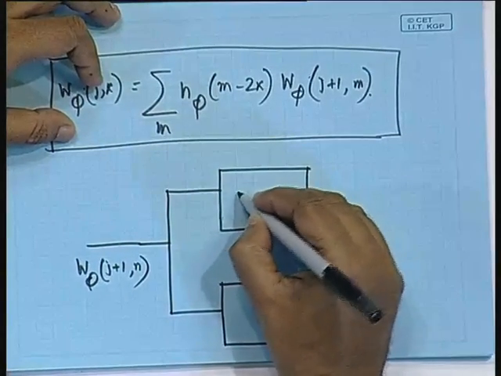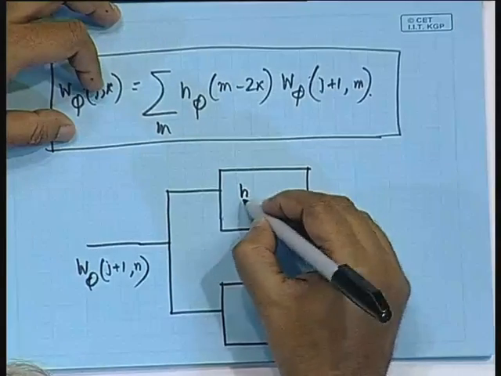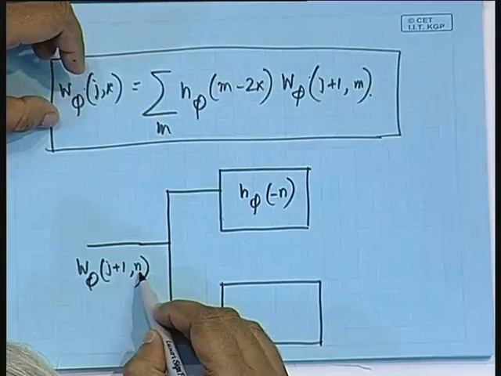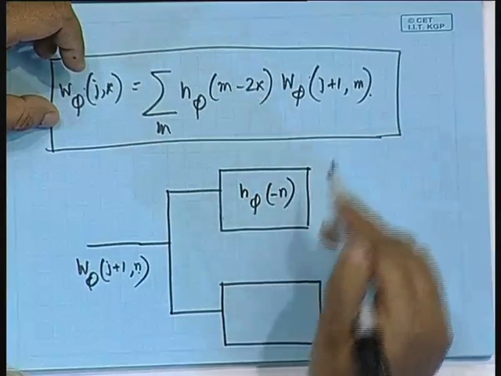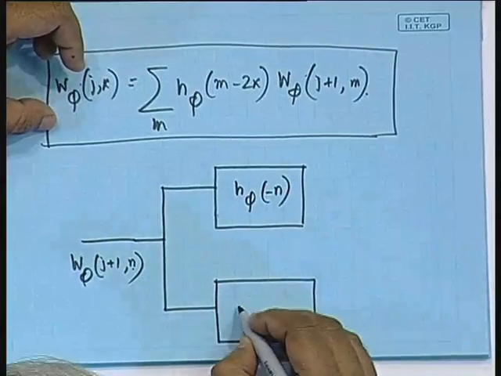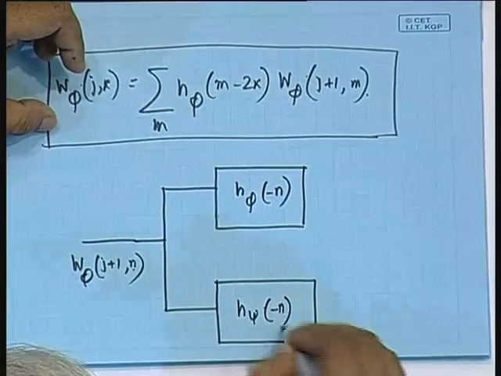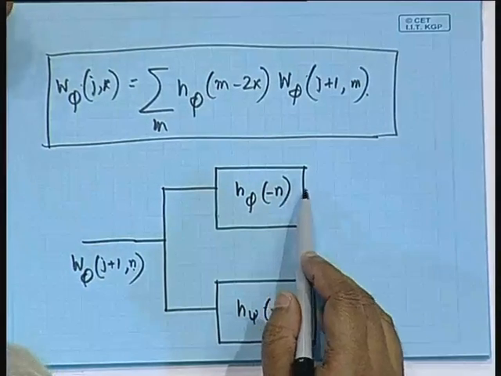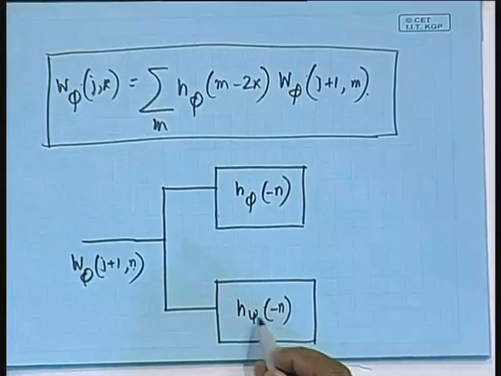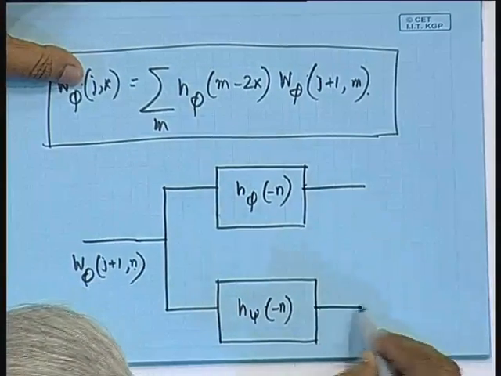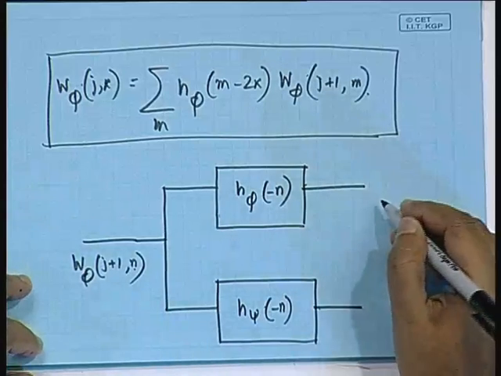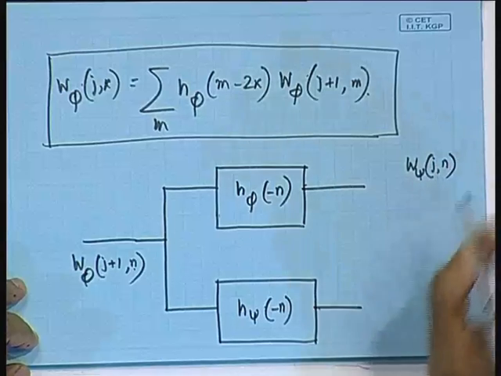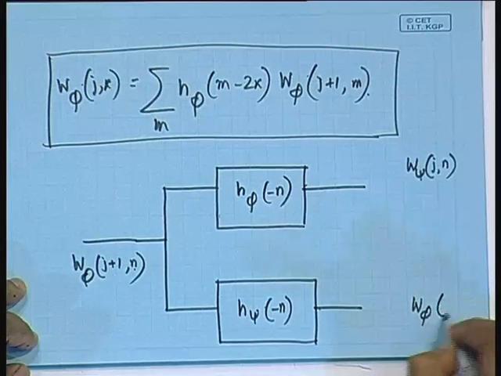This one is given by h phi of minus n, because if you are using this as n, then this becomes minus n, and this as h psi of minus n. So, this one will be the scaling analysis filter, this one will be the wavelet analysis filter. In that case, from this you should be able to obtain W psi j n and W phi j n.